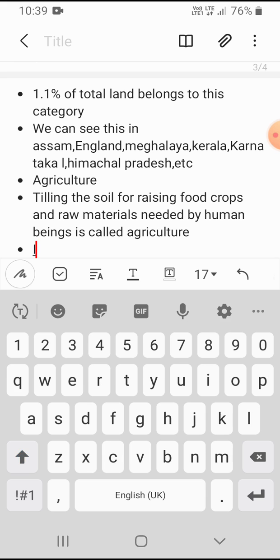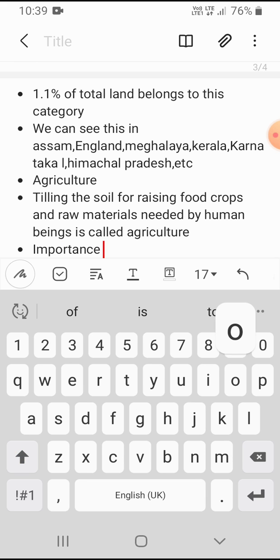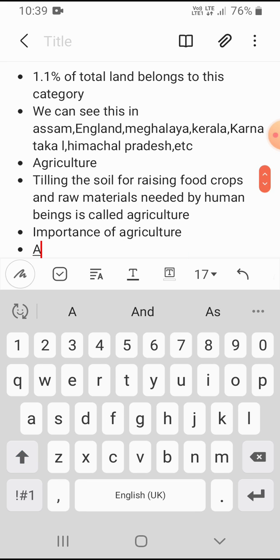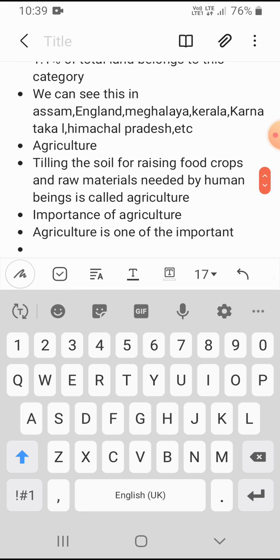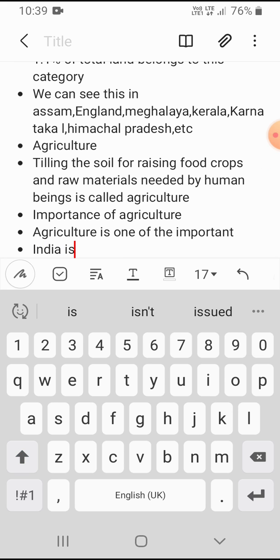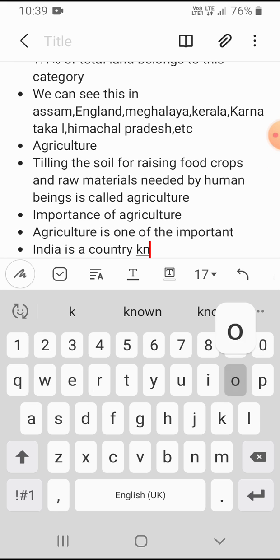So importance of agriculture. Why is agriculture important for our India? Agriculture is important, as you all know. India is a country known for agriculture.